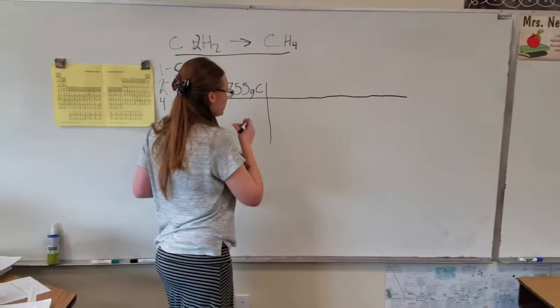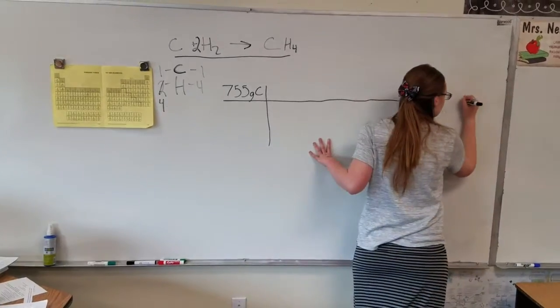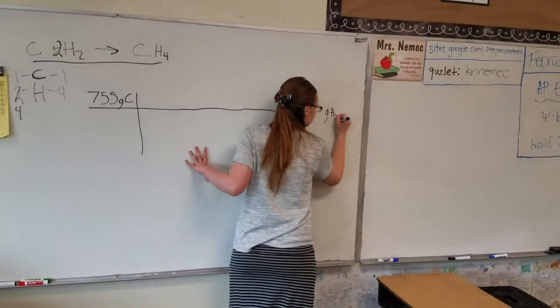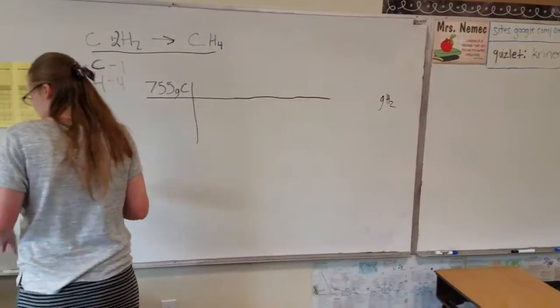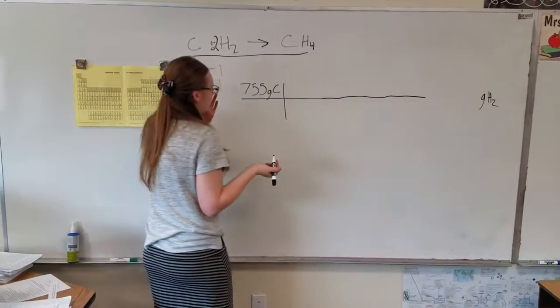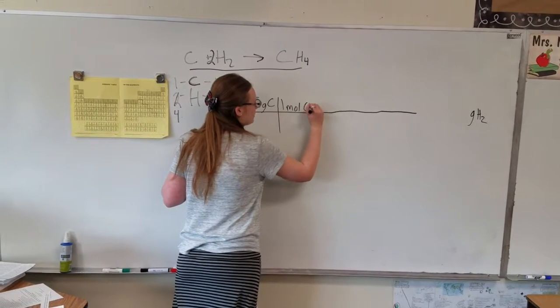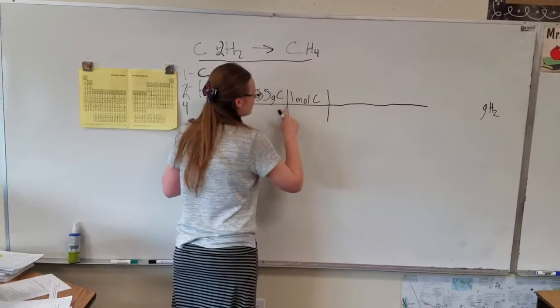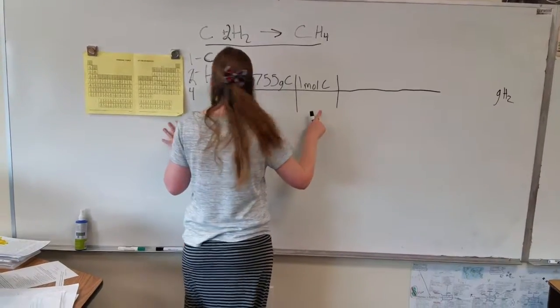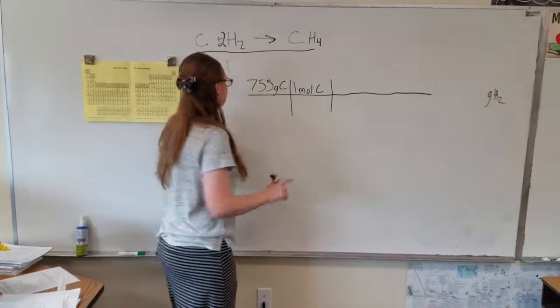And we're trying to get to the grams of hydrogen gas that we need. So we need 1 mole of carbon in order to cancel out this, but we need to find the molar mass of carbon, so that way this can cancel.